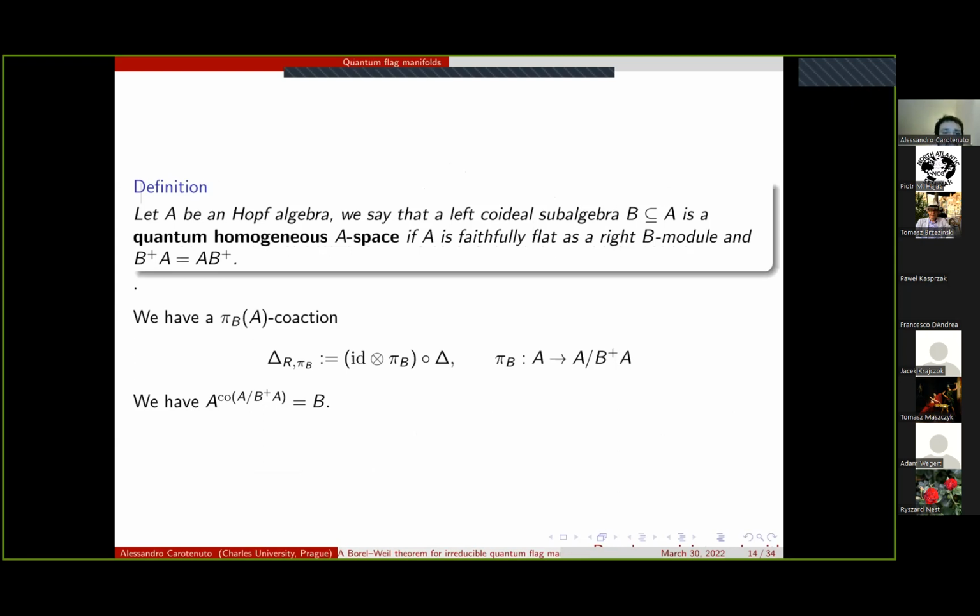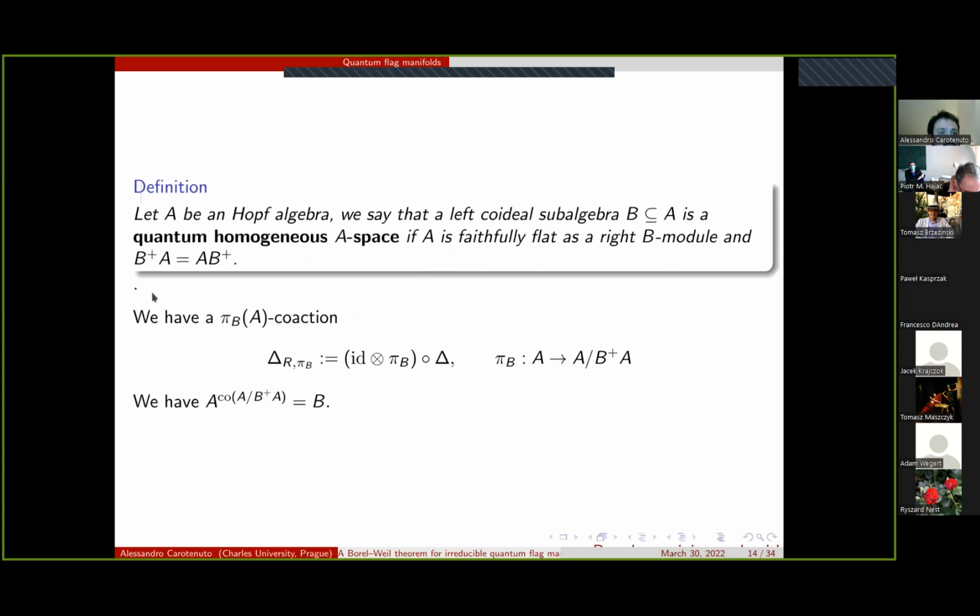If A is a Hopf algebra, we say that the left coideal subalgebra of A, let's call it B, is a quantum homogeneous space if, first of all, A is faithfully flat as a right B-module, which is to say that tensoring as a B-module by A sends short exact sequences of B-modules into short exact sequences and vice versa.